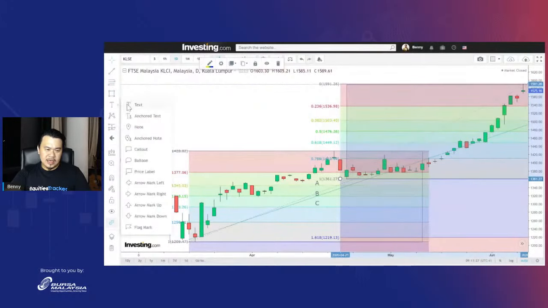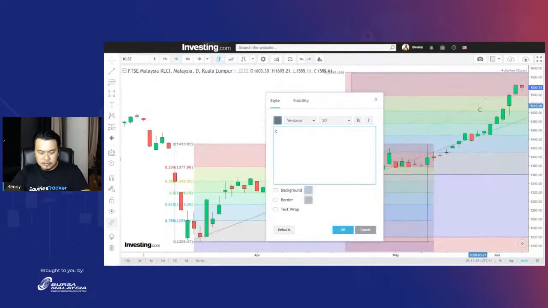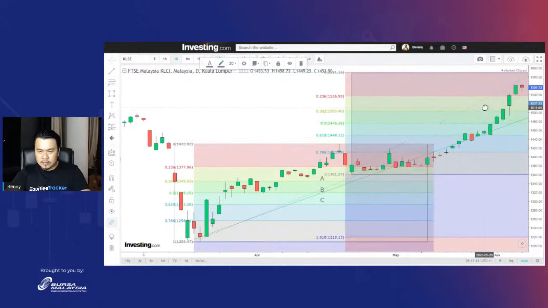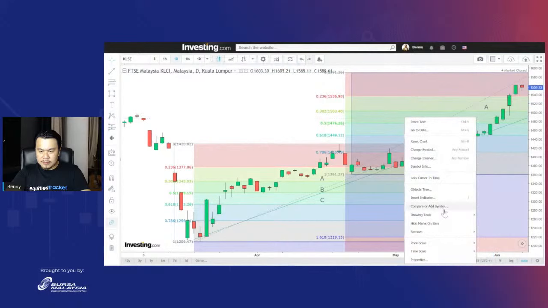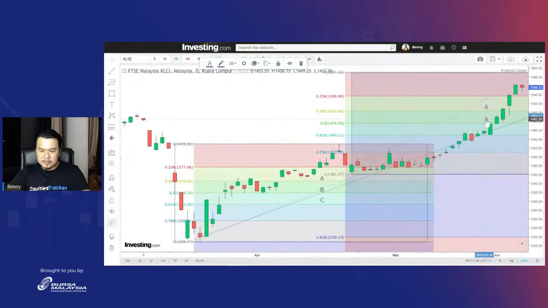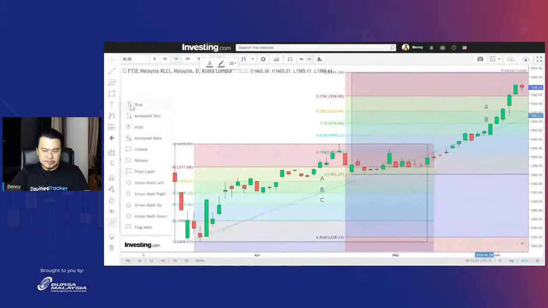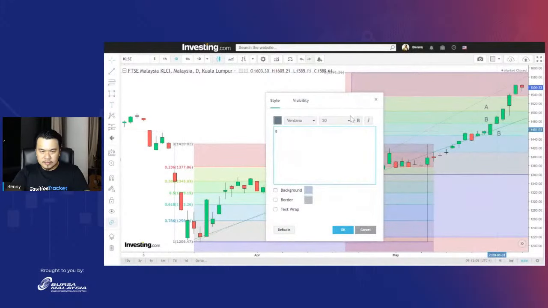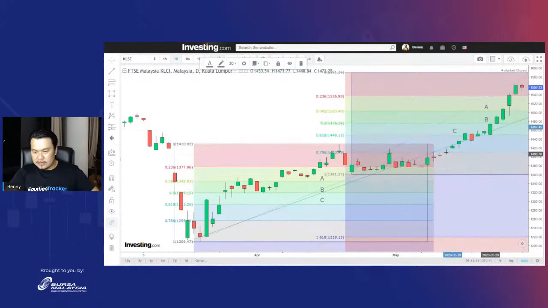So we have A over here, 38.2, then B, and then C. The question is which level: A is here at 1005, B 1476, C 1550.